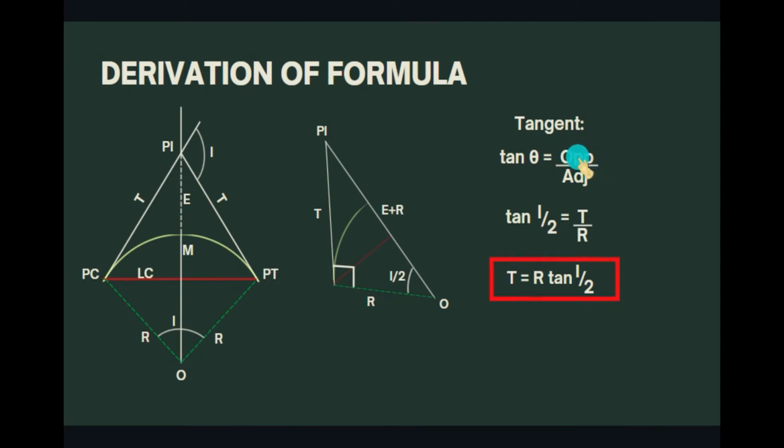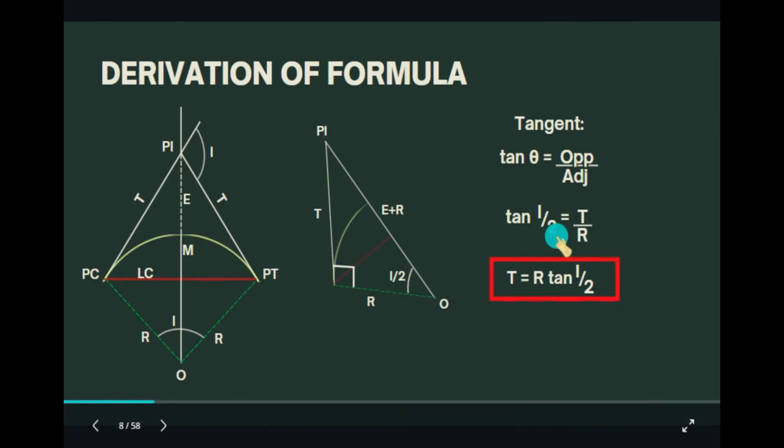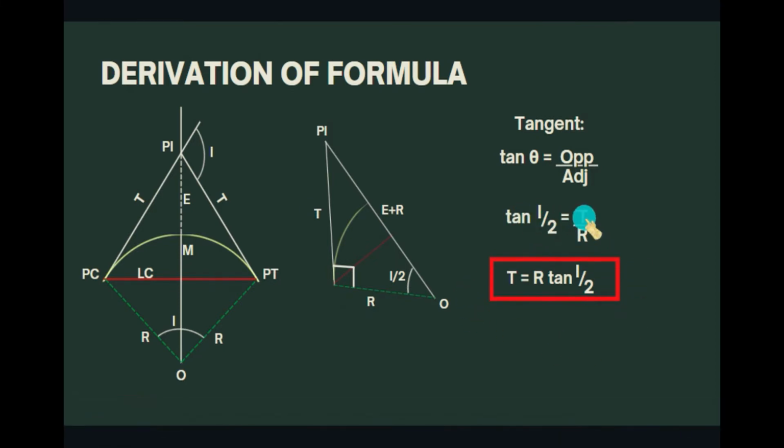So in this case, the tangent of our angle here is tan I over 2, which is equal to the opposite, which is T, and adjacent radius R. So therefore, we can just transpose this formula. We gain this equation: T equals R tan I over 2. So that is our first formula.